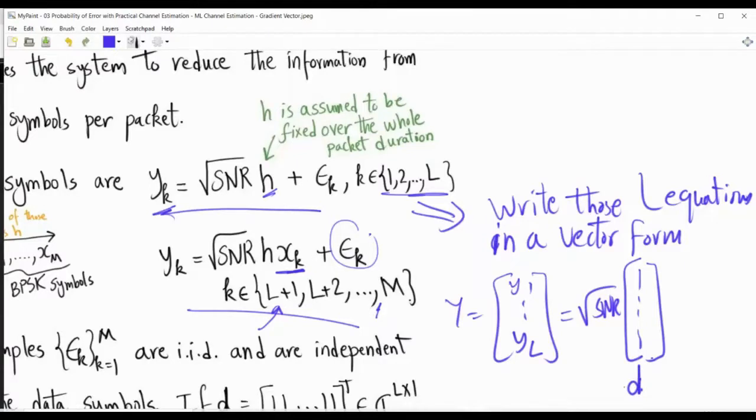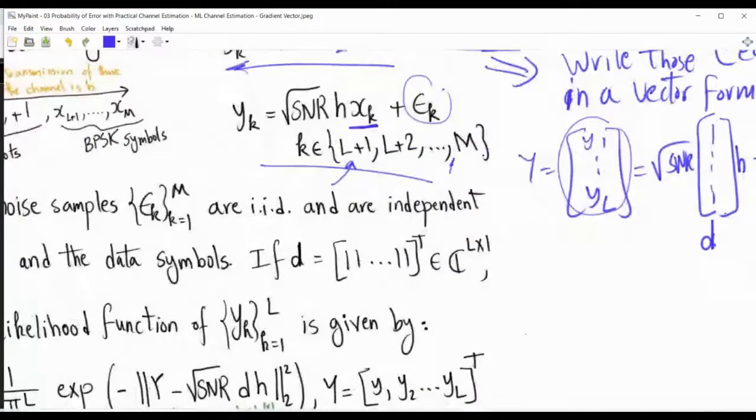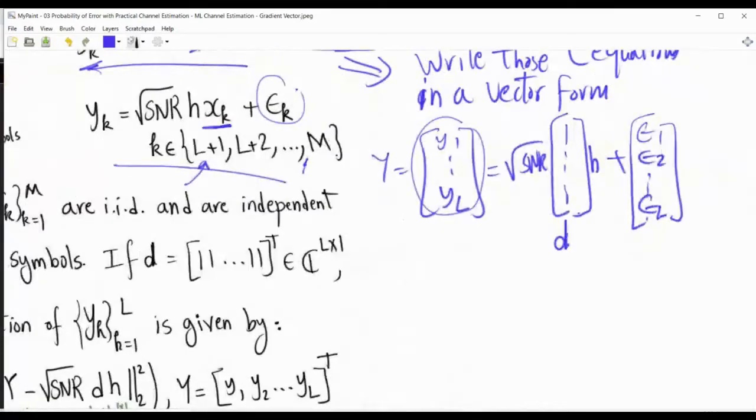I will call it D, and then H, and then a vector of noise components, like this. So this is basically a vector of the received signals corresponding to the transmission of pilots, which are known. So we can write Y in this form here.